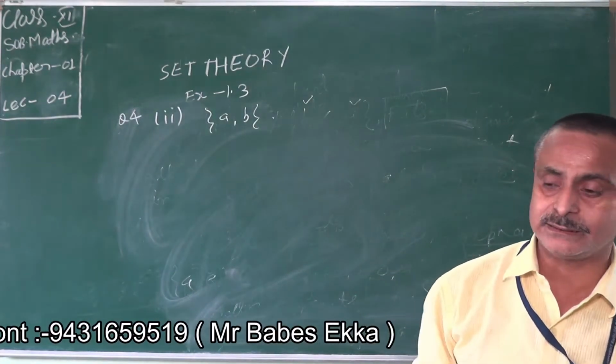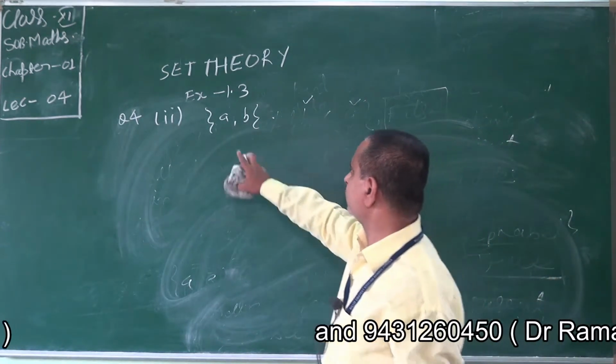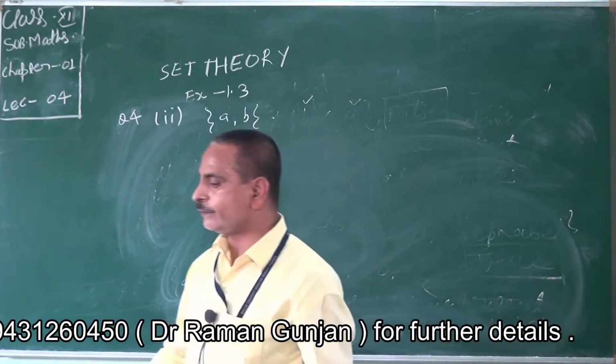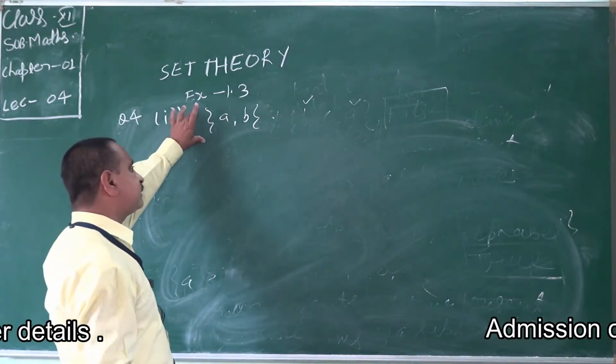How many subsets can you form from the given set? You have a given set which contains two elements A and B. By this, how many subsets can be formed?